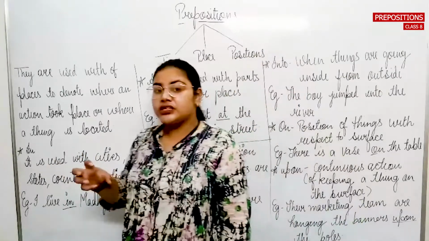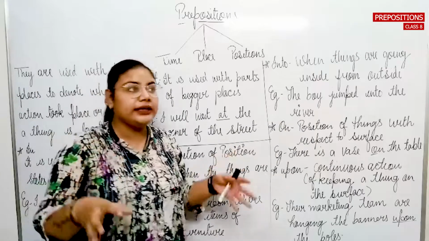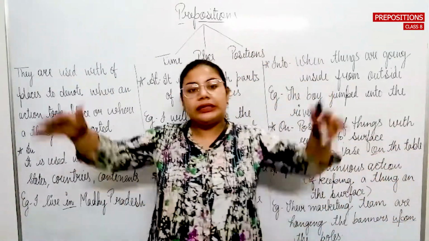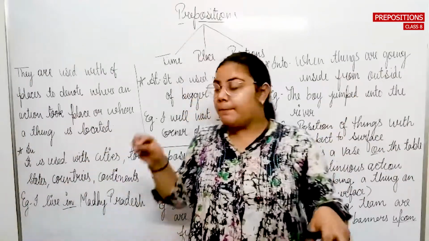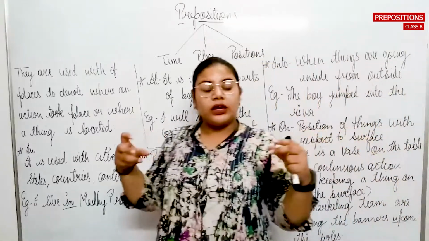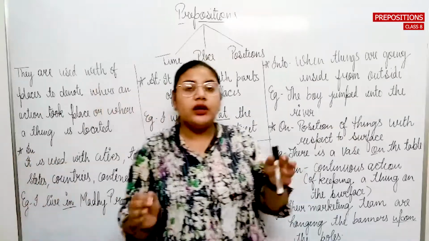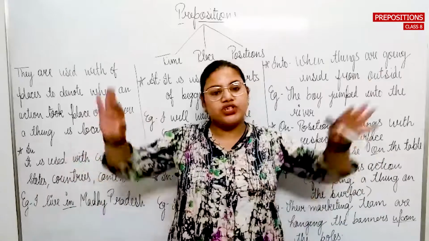But the basic difference is that when we talk about in, it is based on the whole place where that particular action has been done. Whenever you are talking about at, you need to keep in mind that at deals with a part of that big place. In will be used with the place as a whole.